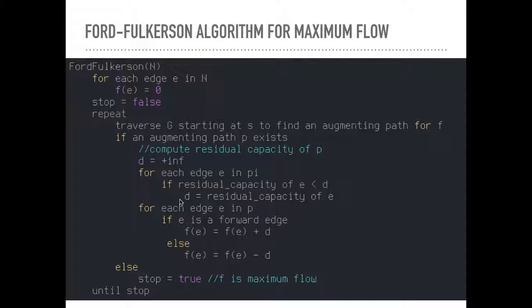If an augmenting path exists, we're going to compute its residual capacity. So this constant D is positive infinity. It's just a constant we're using.